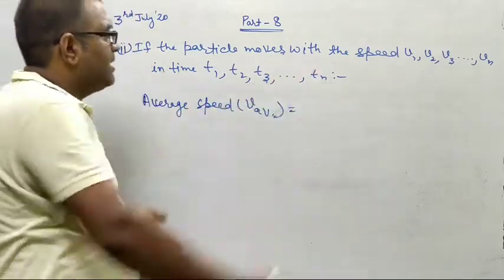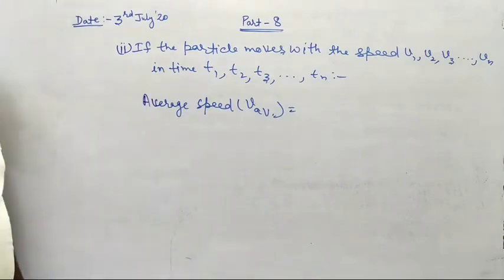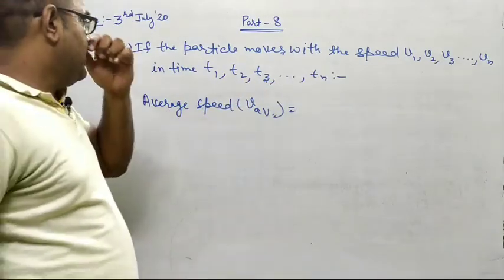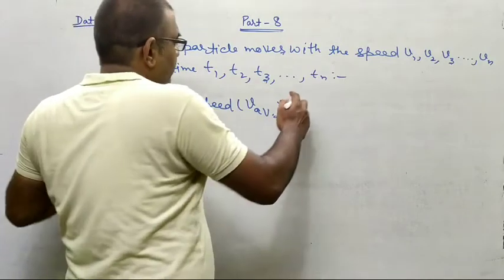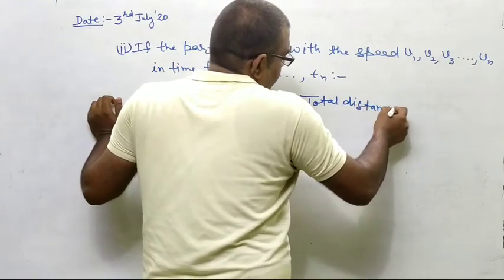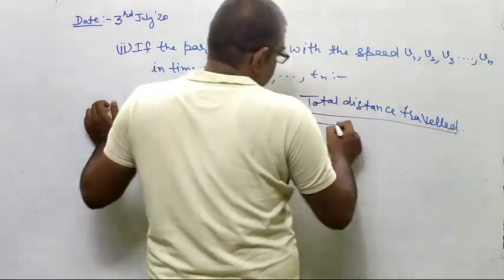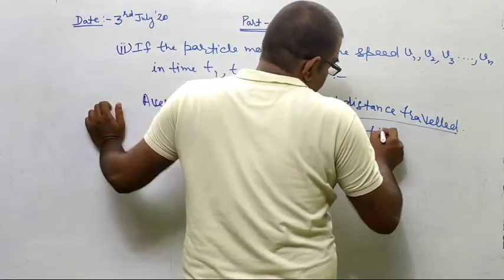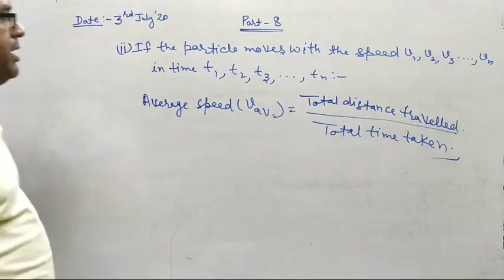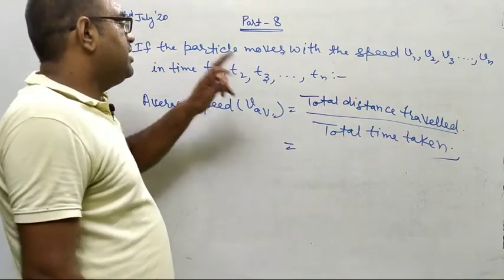Since distance is not mentioned here, you are given only the speed and time, but in average speed there is the formula total distance traveled upon total time taken, and the total distance traveled is speed into time.